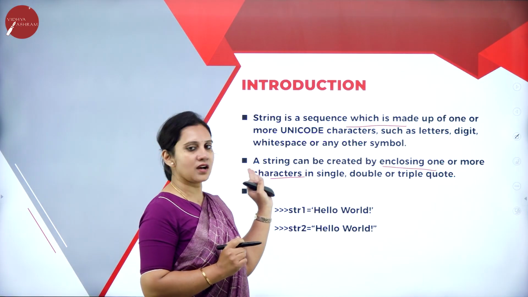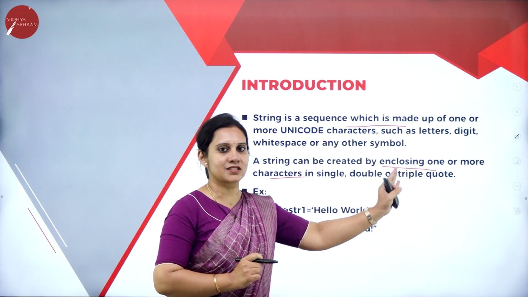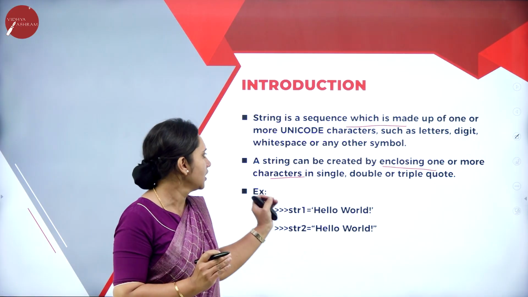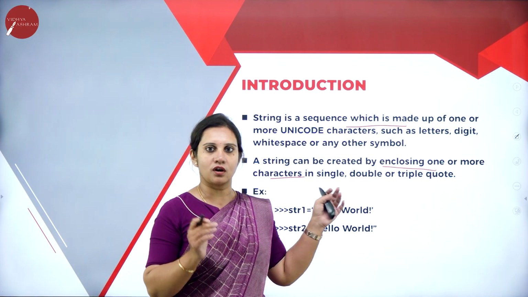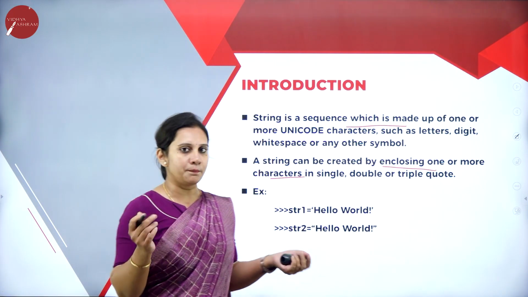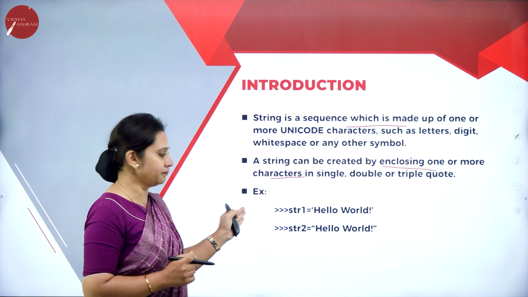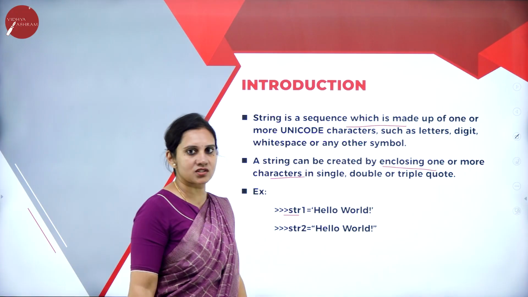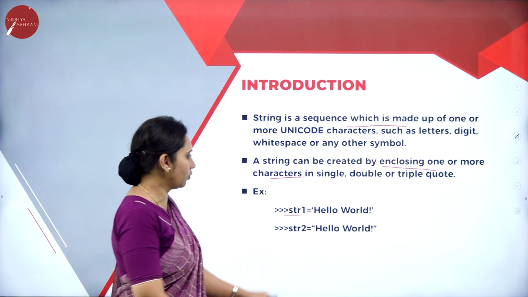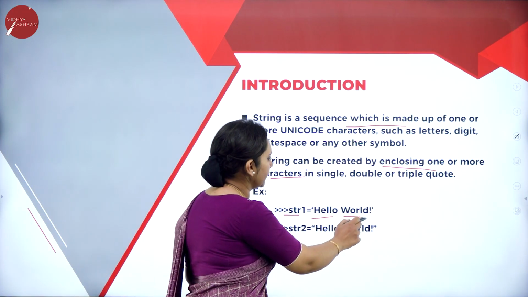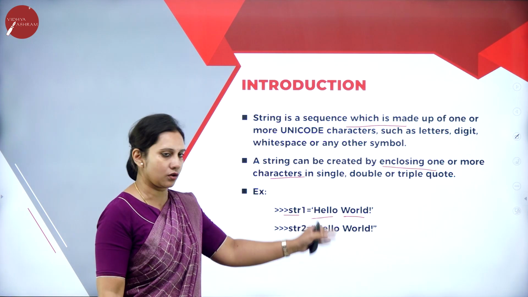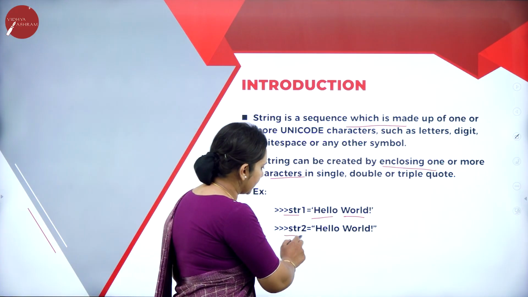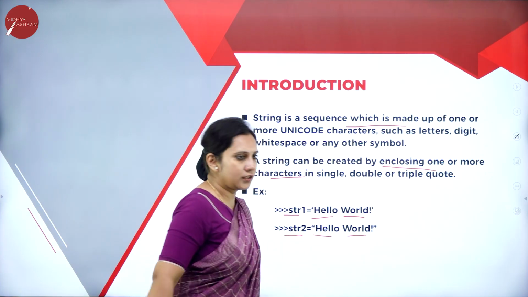I repeat, a string can be created by enclosing one or more characters in single quotes or double quotes or triple quotes. The example is like this. You can observe str1 is a string data type, that is string 1, Hello World, enclosed with single quotes. In the same way it can also be enclosed with double quotes.